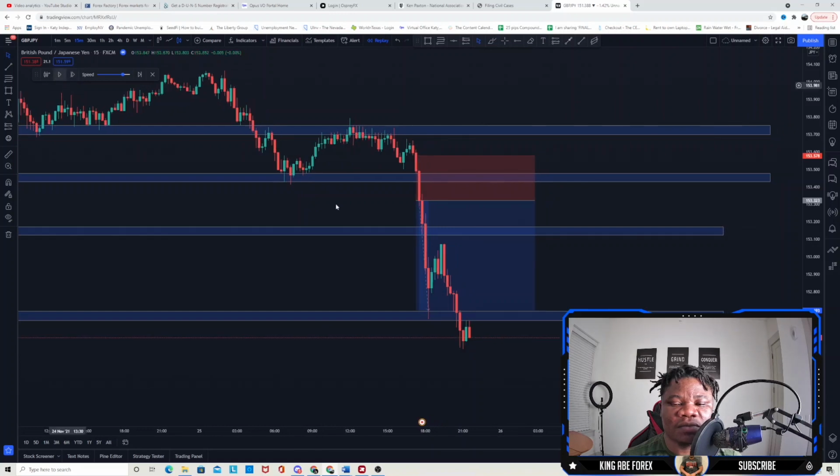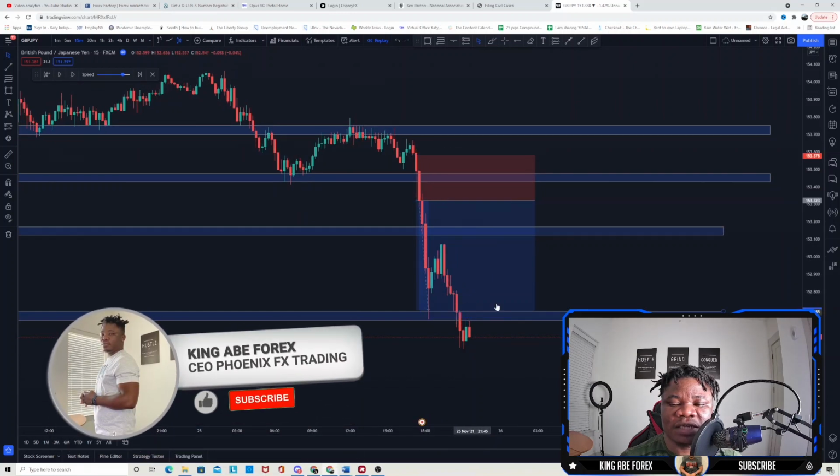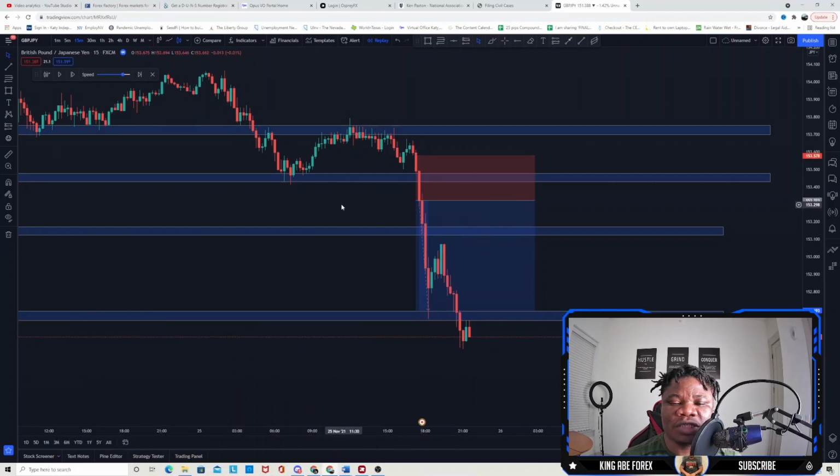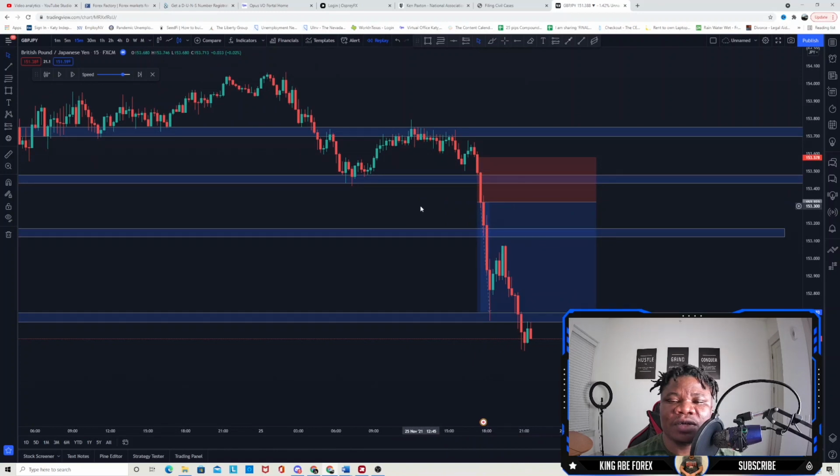See right there, we got our take profit smashed for 63 pips, stop loss 25 pips, risk to reward ratio 2 to 4. Just because you have two take profits, that doesn't mean you should believe that price is going to get to your final take profit zone.